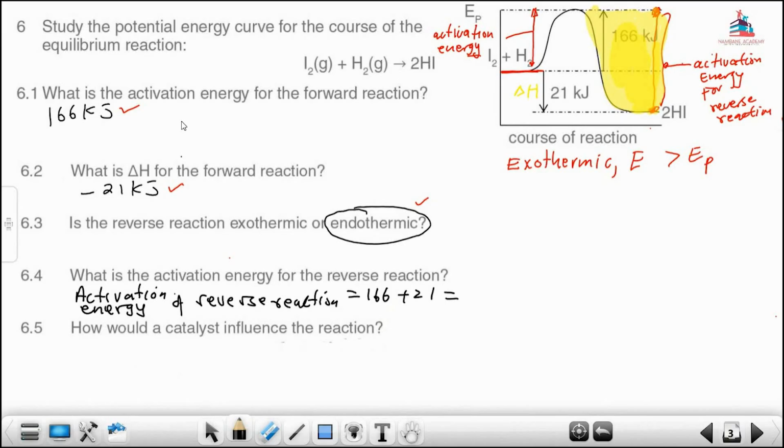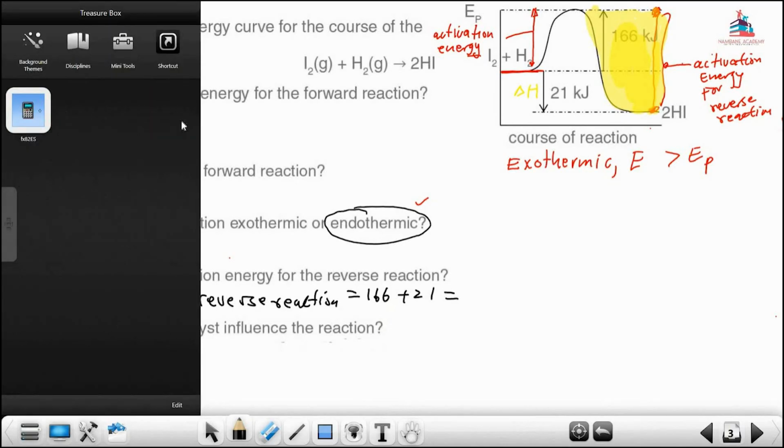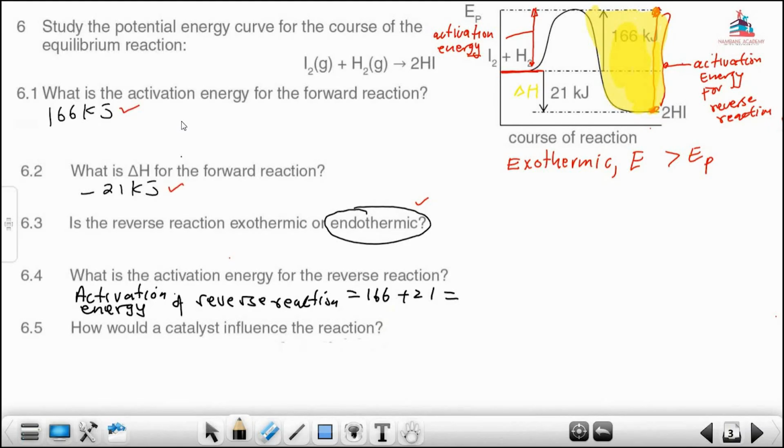Let me quickly get my calculator. Indeed, I have a calculator. So 166 plus 21 is equal to 187. So 187 kilojoules.